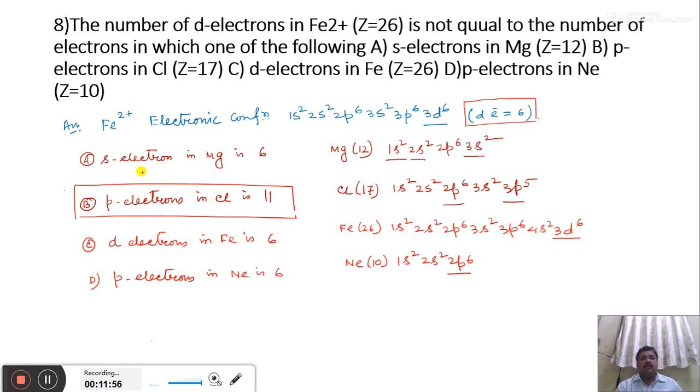Option 1: s electrons in Mg is 6, also 1s, 2s, 3s. P electrons in Cl is 11: 2p contains 6 electrons, 3p contains 5 electrons. D electrons in Fe is 6, this is 3d6. And p electrons in Ne is also 6, 2p6. Now option B shows that p electrons in chlorine is 11, whereas d electrons in Fe2+ is 6, which are not equal. So option B is the right one.